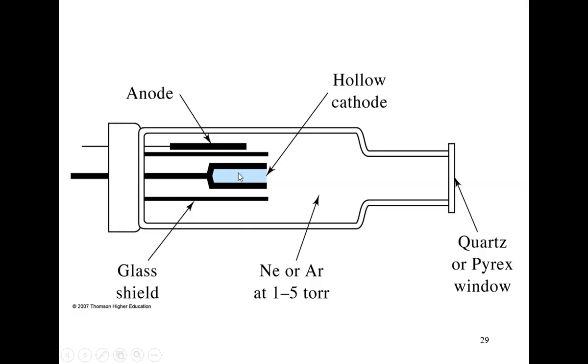So you can see the anode here, you can see the cathode, and then you have neon or argon at 1 to 5 torr, and then you have the quartz or Pyrex window. So here, this is the hollow cathode because it's hollow between the two forks. F-O-R-K. All right.